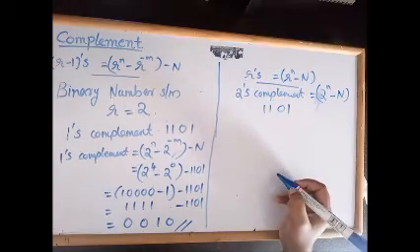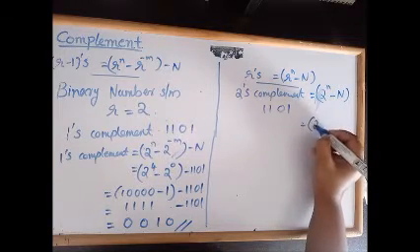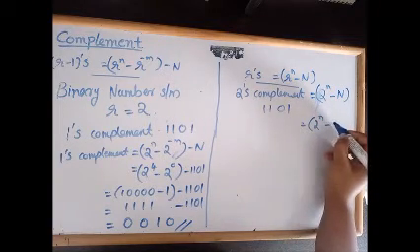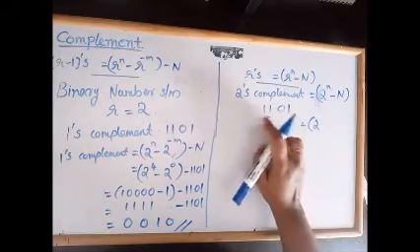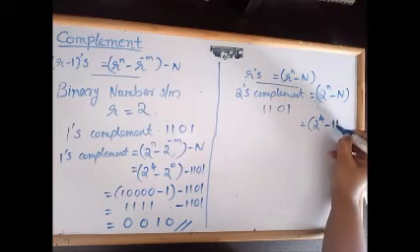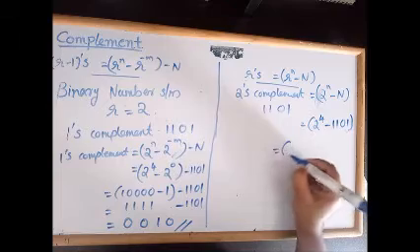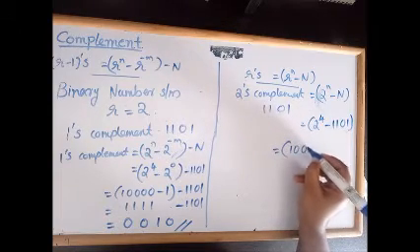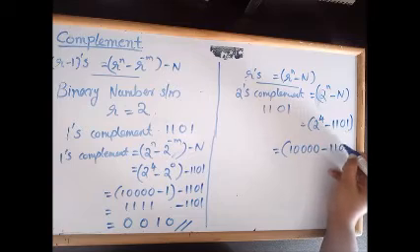So the equation is 2 raised to n minus n. What is the n value? N value is 1, 2, 3, 4. So 2 raised to 4 minus n, where n is your number, that is 1101. So 2 raised to 4 is 10000 in binary minus 1101.